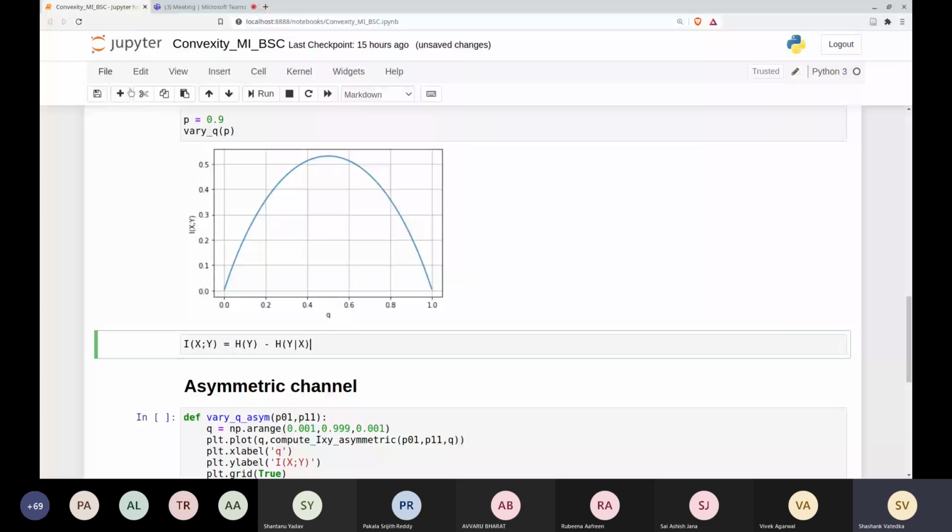Right, so the mutual information is h of y minus h of y given x, right? So what can you say about h of y given x for a binary symmetric channel? Does it depend on q?